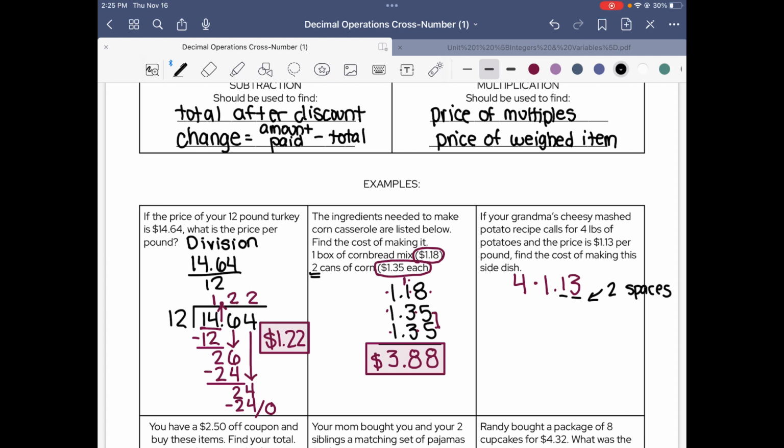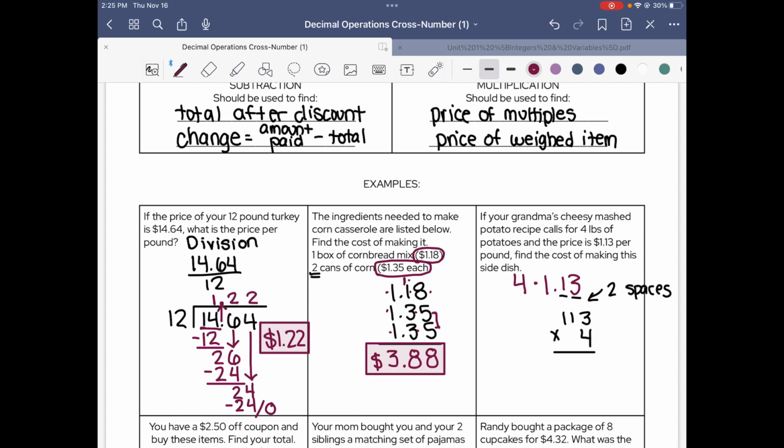And there's 2 ways I could write this problem. 4 times 113 or 113 times 4. The one on the right is going to be a little bit easier because otherwise I have to have 3 lines of multiplication. But they are the same thing because multiplication is commutative, meaning 4 times 2 is 8 and 2 times 4 is 8. It doesn't matter what order you multiply in.